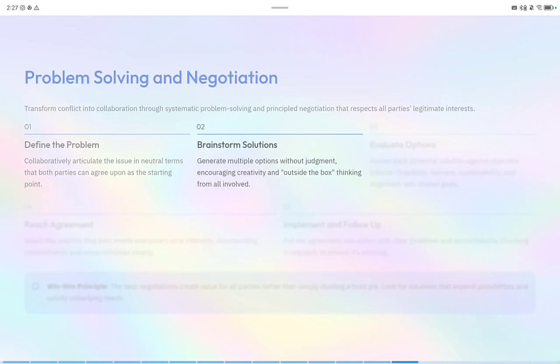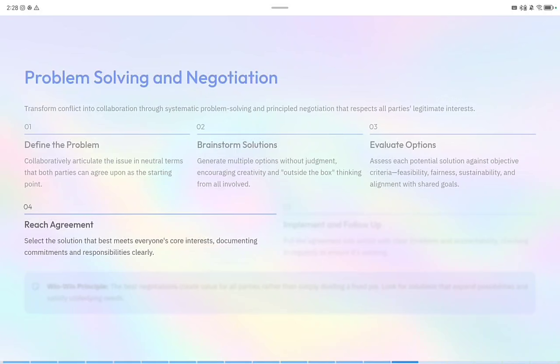Generate multiple options without judgment, encouraging creativity and outside-the-box thinking from all who are involved. The third part is evaluate the options. Assess each potential solution against objective criteria like feasibility, fairness, sustainability, alignment, and shared goals.